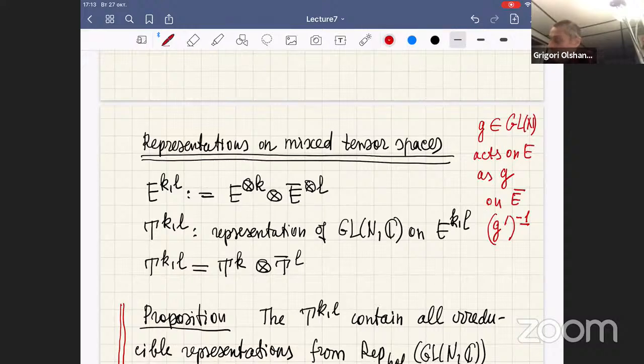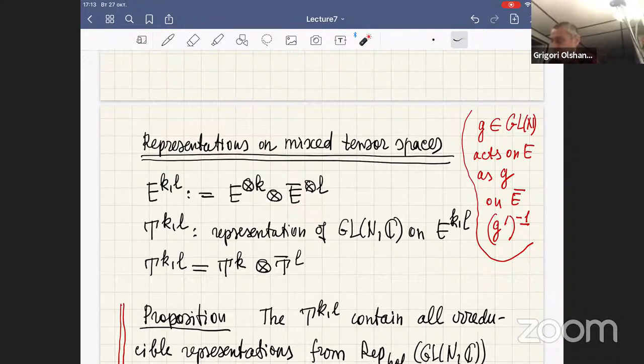So from this description, it is seen that it is still a complex analytic representation, okay? These are all trivial details, but they are really important to understand. I would like to emphasize again the fact that the representation on this space is still complex analytic, not anti-complex analytic. So there is no problem.